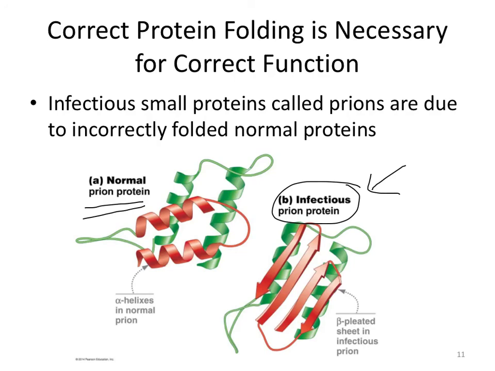So if you eat some contaminated meat and you get even one or two of these infectious prion proteins into your body, they will make their way to your nervous tissue, into your brain, and then they will slowly proliferate, causing all the normal prion proteins to become diseased. It's a very scary kind of condition that we're really just starting to learn about. So the message here is that correct protein folding is necessary for correct function. And with that, I will conclude the 4th of 4 parts to Lecture 2 and end this lecture.